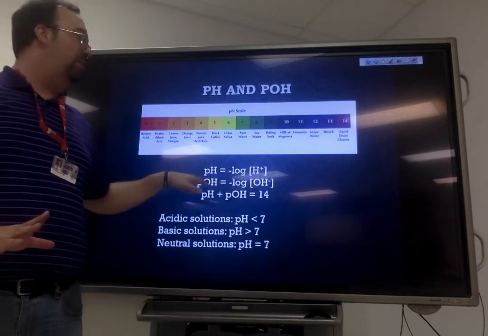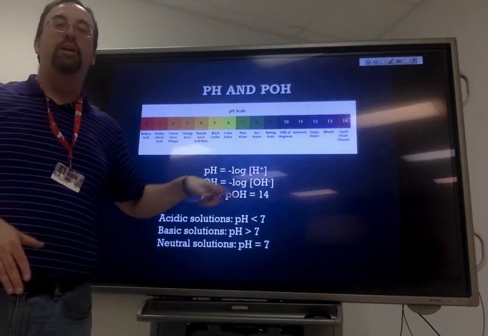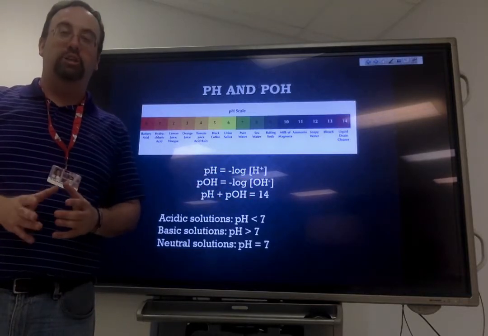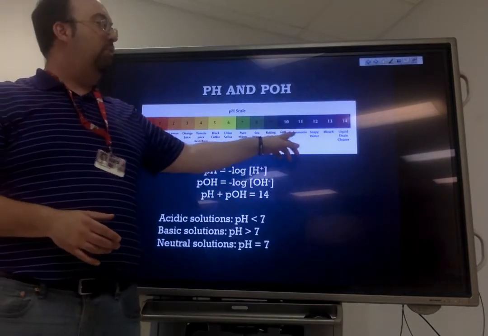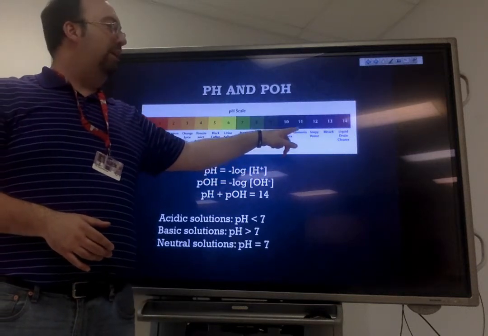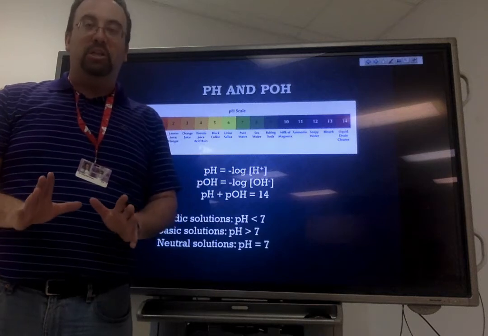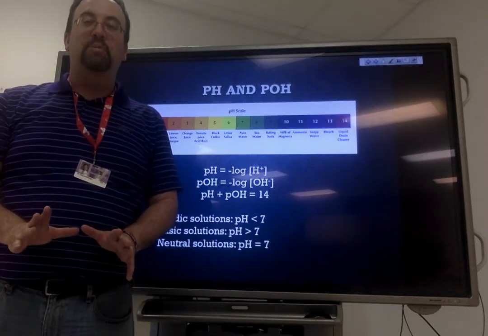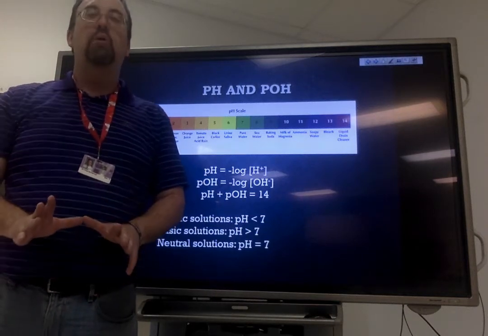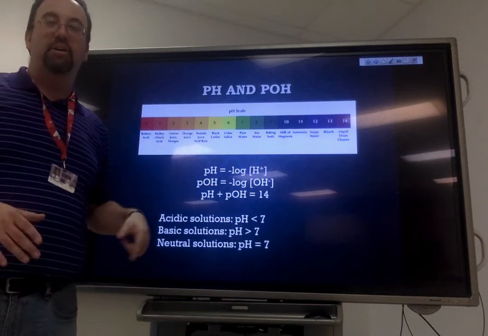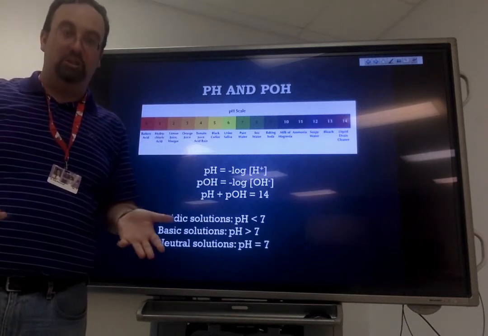And so this is going to be dependent upon the hydroxide ion concentration. And so for things over here, notice we have things like ammonia, bleach, drain cleaner. Remember that as we talked about before, bases are typically used in cleaning products, whereas acids here are typically found in foods or beverages that we consume.